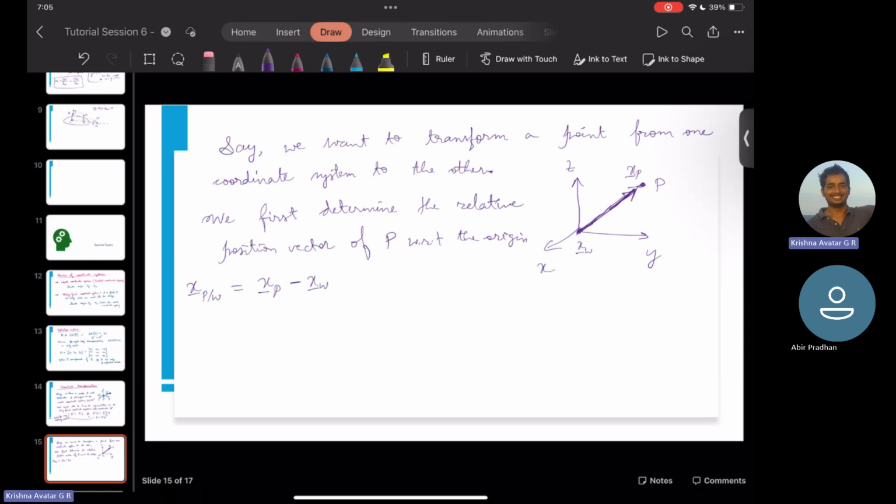And now this happens to be a freestanding vector, since it has its tail here and the head here, right? Now it looks like some free vector upon which we can apply a transformation.